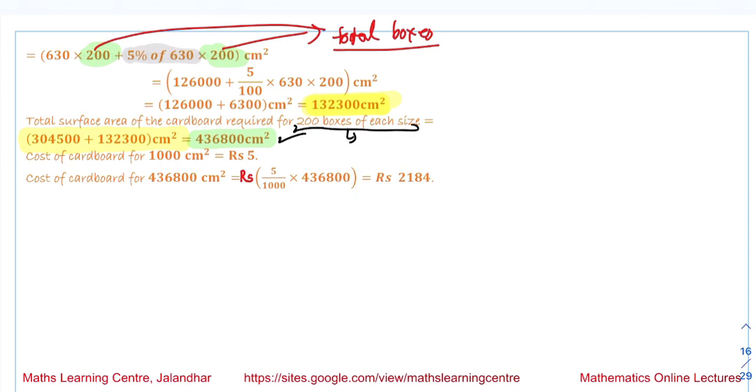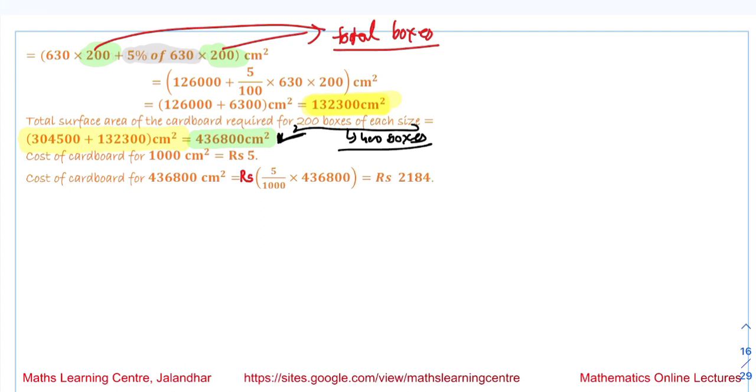It means we are talking about 400 boxes in total, 200 smaller boxes and 200 larger boxes. This total cardboard required also includes the 5% extra required for making these boxes.